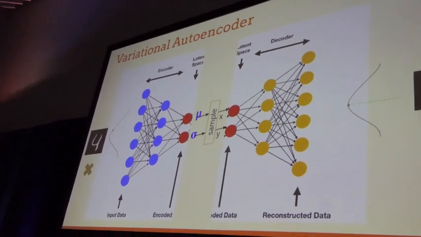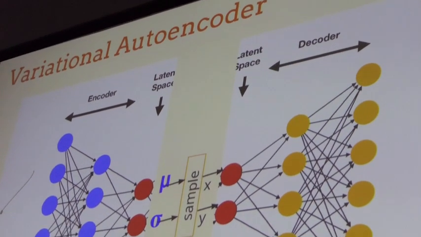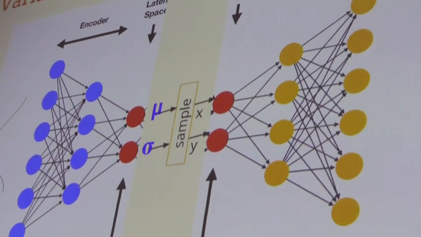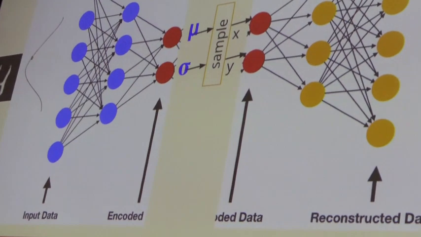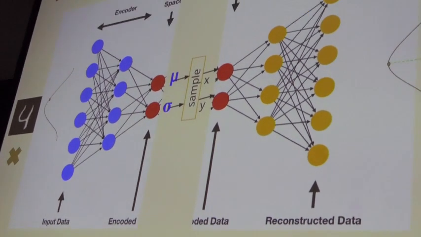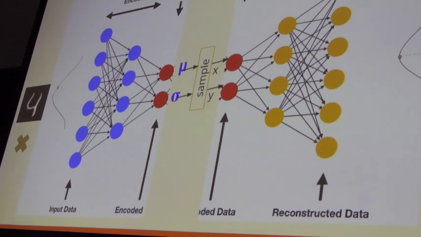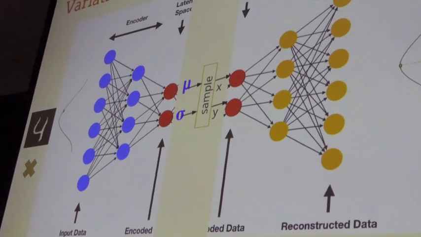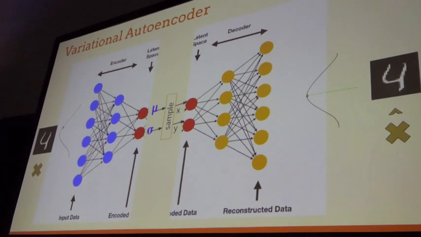So how we set this up for training is we assume this output is mu and sigma, and then we sample from it and we get a result, and then we compare that to the input image. So now we have 2 losses. One is trying to take the latent space to a normal distribution, and we can use the KL divergence loss for that.